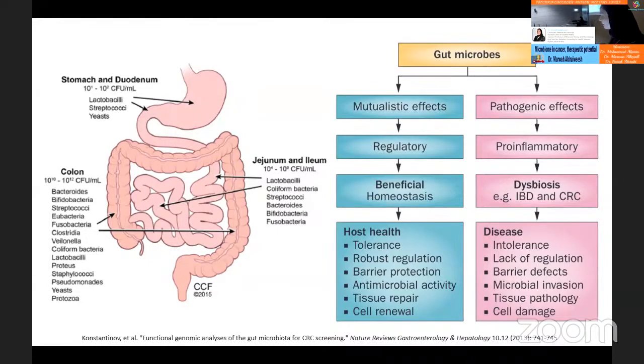However, when there is an imbalance in the gut microbiota, the situation we call dysbiosis. There is a pathogenic effect of the gut microbiota in this situation, and it might contribute to the development of different diseases such as inflammatory bowel disease, Crohn's disease, and colorectal cancer.